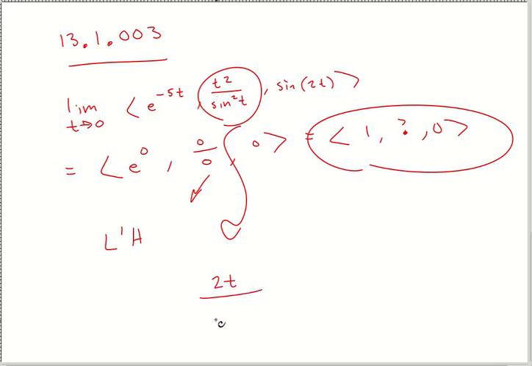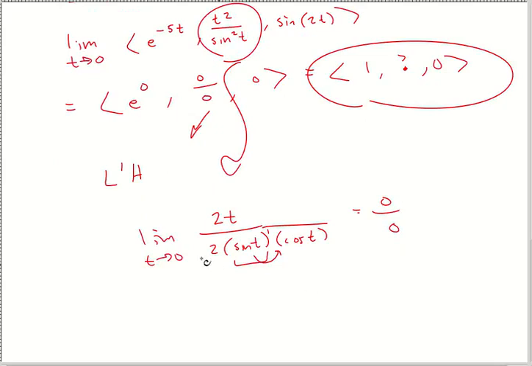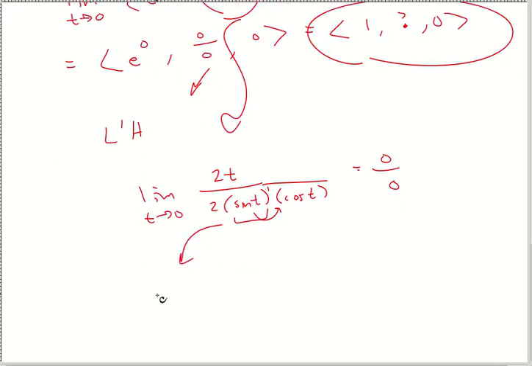That 2 comes down, leaving a sine t to the 1 power, but then by chain rule the derivative of sine is a cosine. Again I apply the limit going to 0, and I would get 0 over 0 again. So now I find its derivative again.